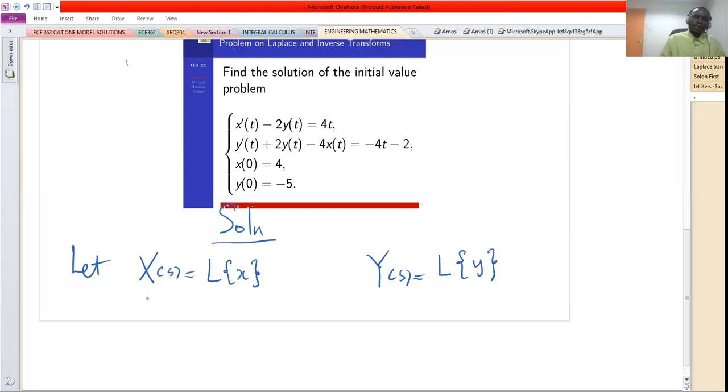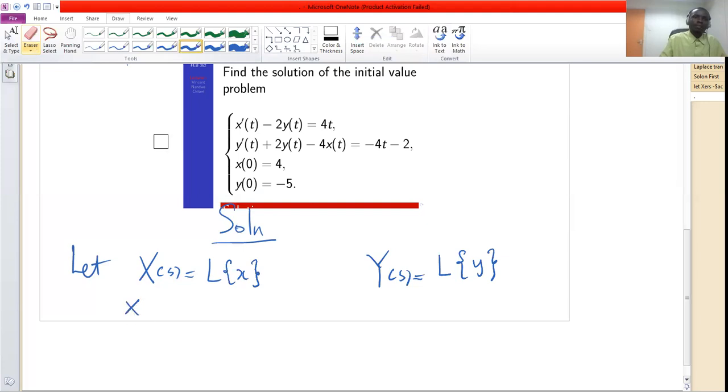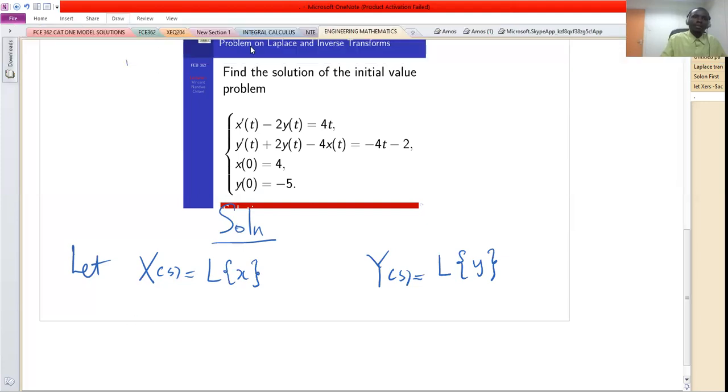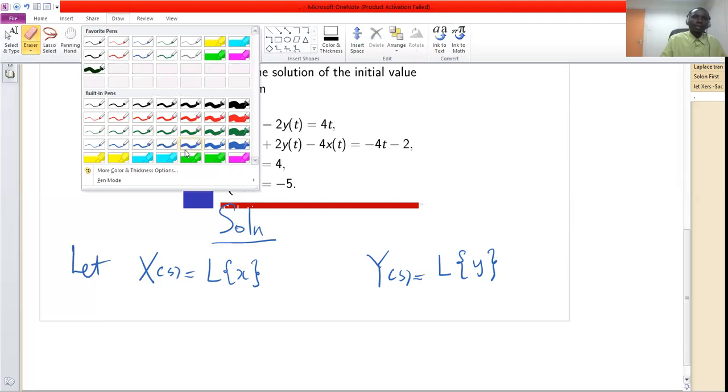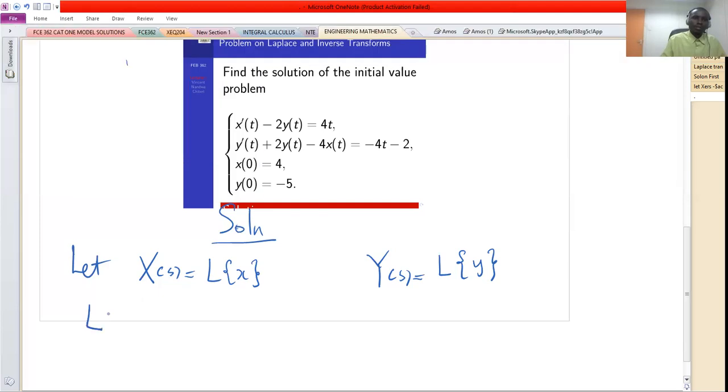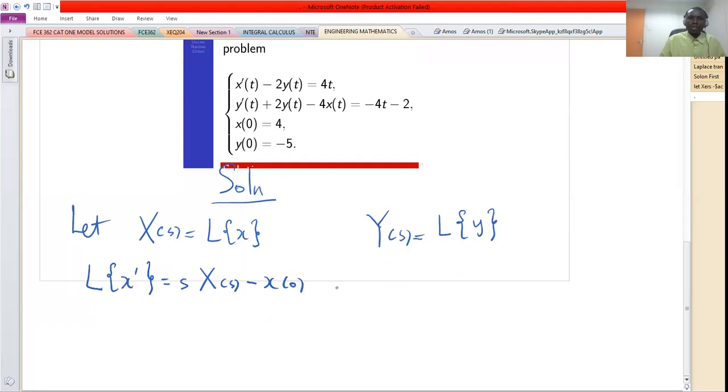And then we know that the Laplace transform of the derivative of x, with this notation, the Laplace transform of x prime, is s X of s minus x at 0, which will be s X of s minus 4.